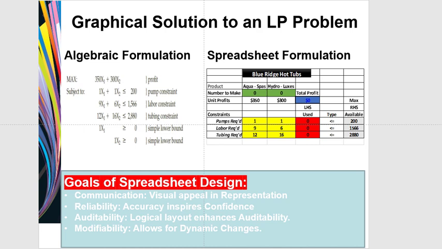We have captured the coefficients related to the objective function under that cell for unit profits and that second cell, and we have also set aside cells for calculating the unit quantities of each of the products for Aquaspar at that cell and for Hydrolaxes at that cell.